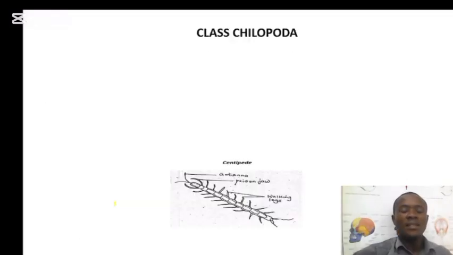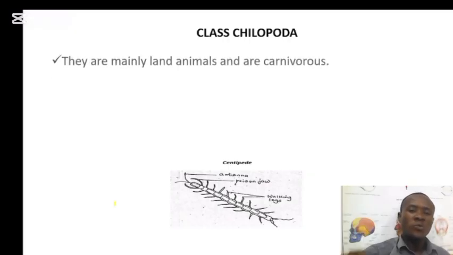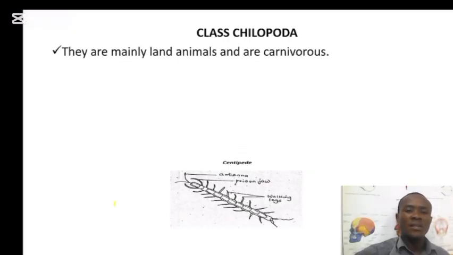The last class is the class Chilopoda, and we are going to discuss its characteristics. One, they are mainly land animals. That means they live on land, and animals that live on land we call terrestrial animals. They are carnivorous. Unlike the Diplopoda, which are herbivorous, the Chilopoda are carnivorous.